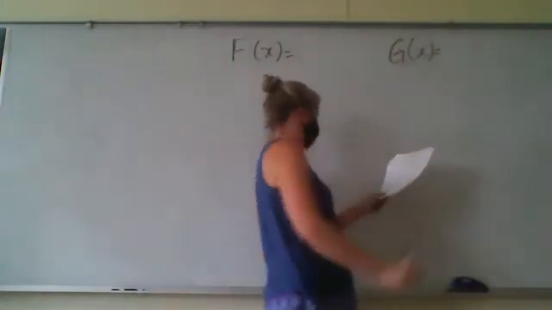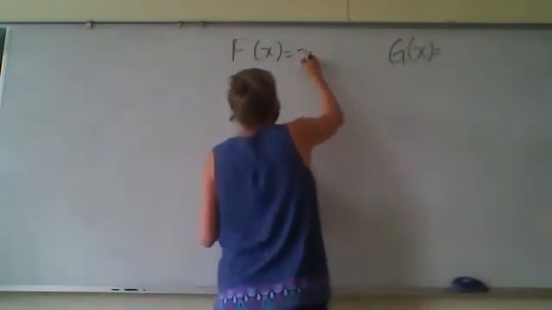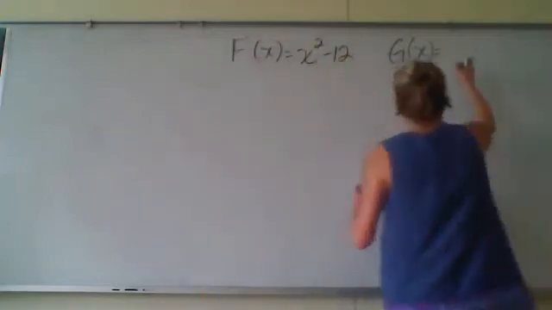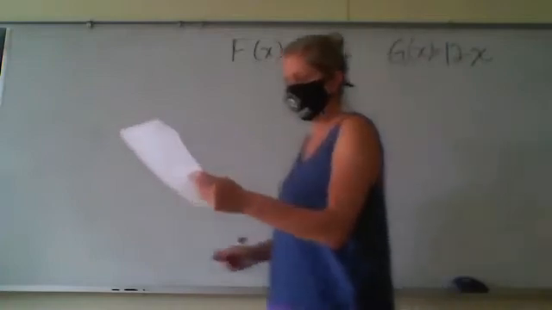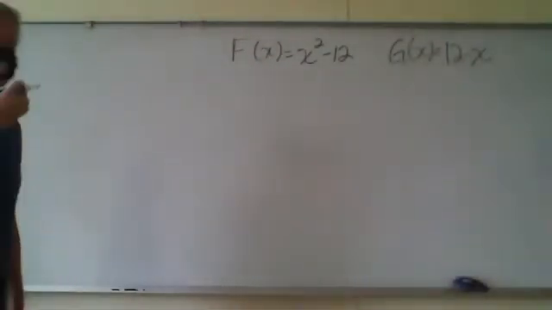It doesn't make any difference at all. F of x is x squared minus 12. G of x is 12 minus x. This time it wants me to find f minus g of negative 10.